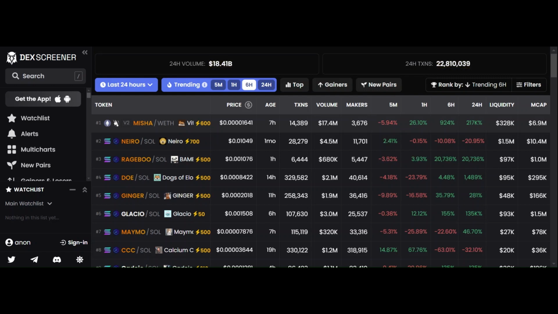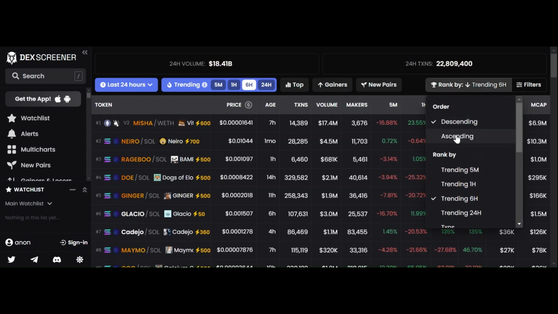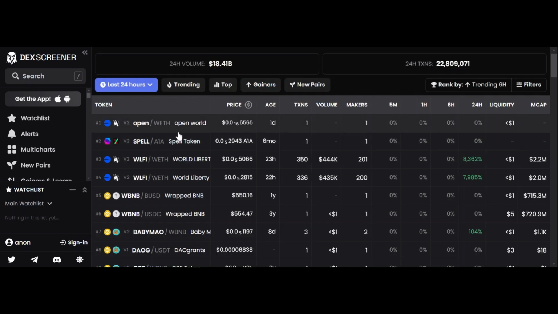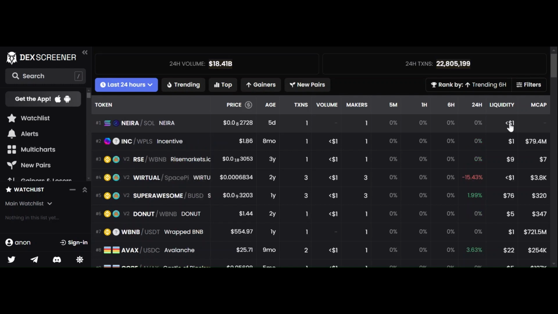Okay. Now we have rank by, so this is trending 6 hours. If we change it to ascending order, we have a different amount of tokens here, and then here we have liquidity at less than $1.